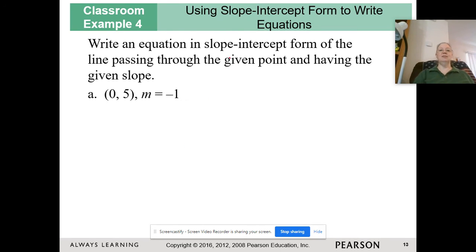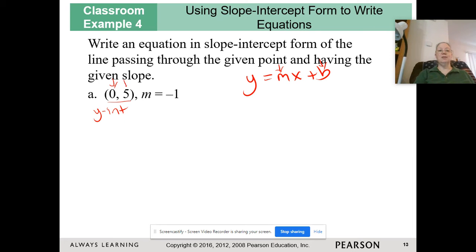So this method says you're going to use y equals mx plus b, and you need to find your m, and you need to find your b. Sometimes we give you m, sometimes you have to find it yourself with the information we give you, and you also have to find b. So this point, I know this is my y-intercept because my x is 0.